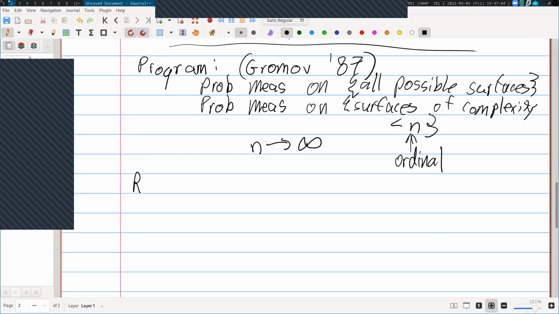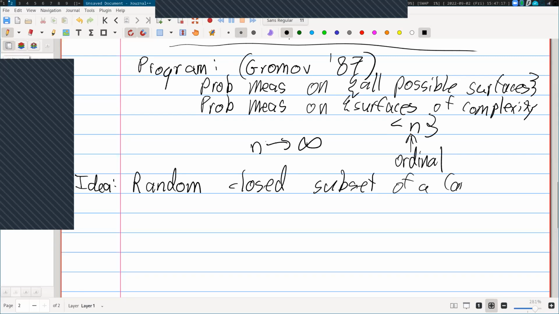So here's an idea: a random closed subset of a Cantor set. I don't know how to do that. As far as I can tell, that isn't a thing that someone else has already done, right? But that would definitely give you something. There's an interesting problem that comes up here that I will get to momentarily.